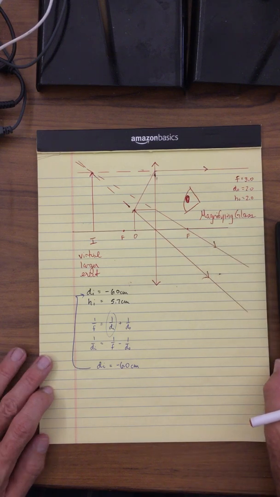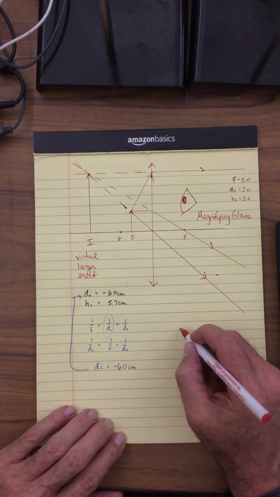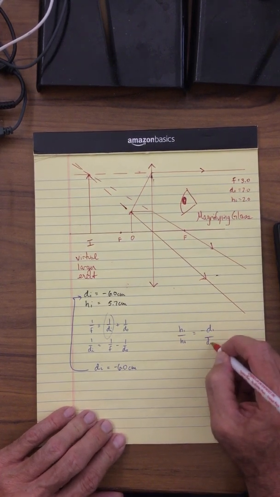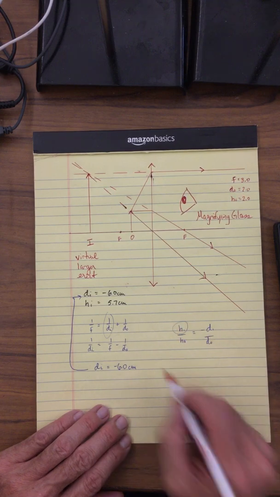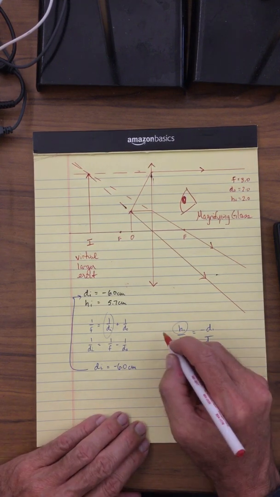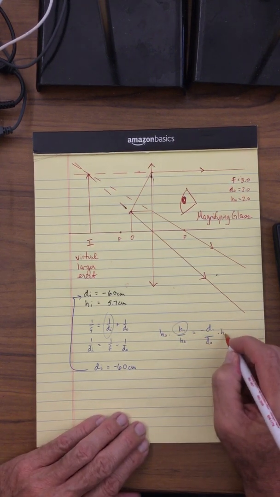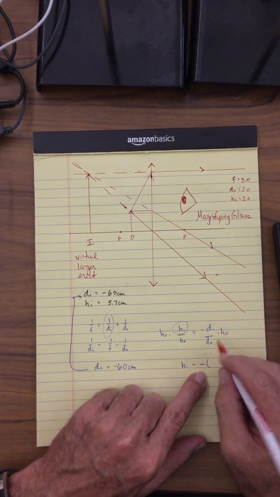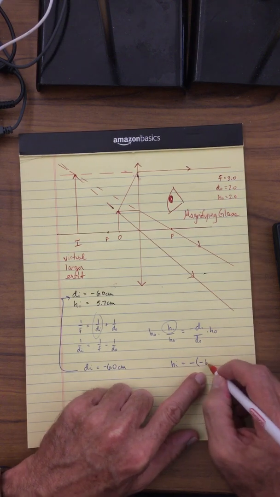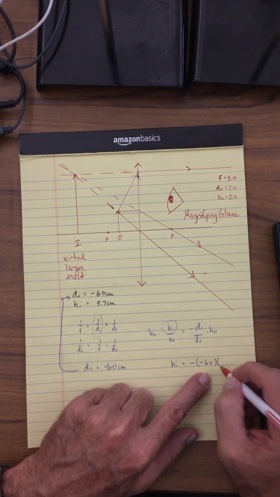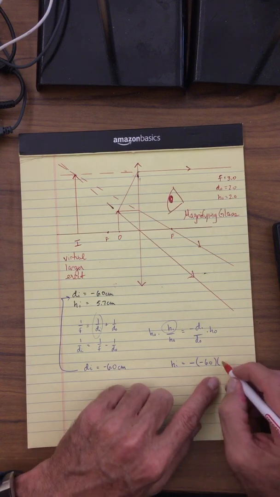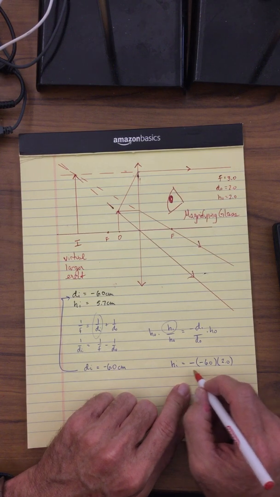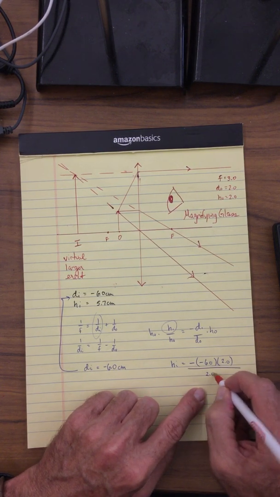Let's go ahead and use the magnification, hi over ho equals negative di over do. We're trying to calculate the height of my image. So we multiply both sides by ho. The height of my image is going to be equal to a negative, the distance of the image is -6.0 centimeters, times the height of the object, 2.0 centimeters, divided by the distance of the object, 2.0 centimeters.